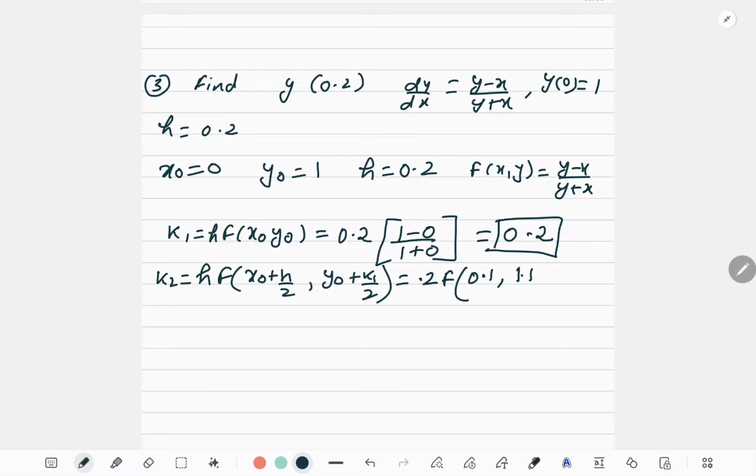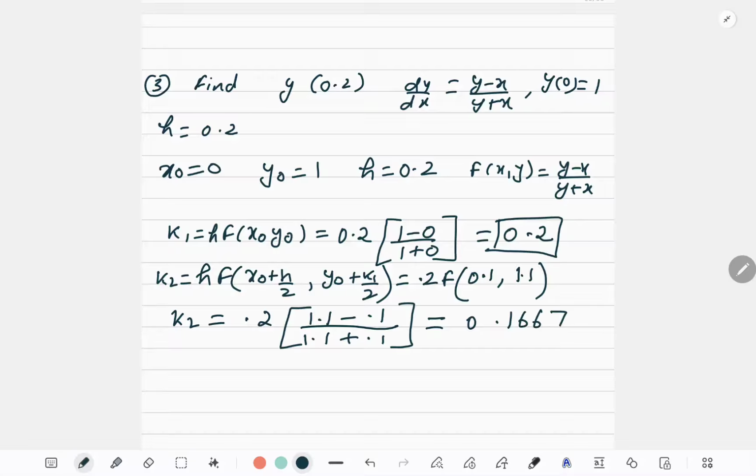So 1.1. Okay. Now k2 is equal to 0.2 and put the value in the function. So 1.1 minus 0.1 upon 1.1 plus 0.1. Correct? So now solve this. This is the value of k2 we are finding out. So my k2 value will be equal to 0.1667.